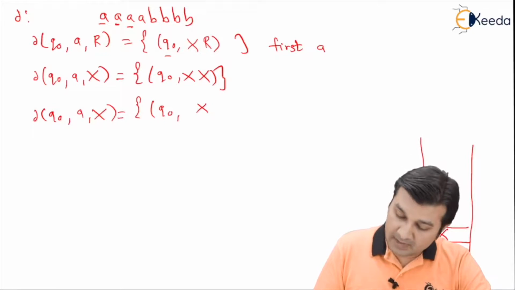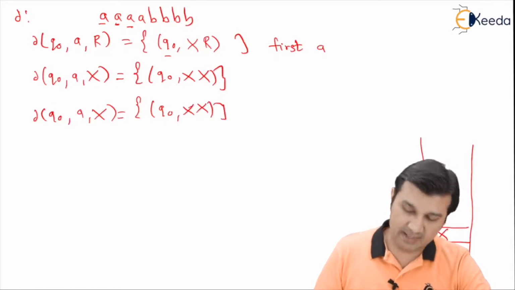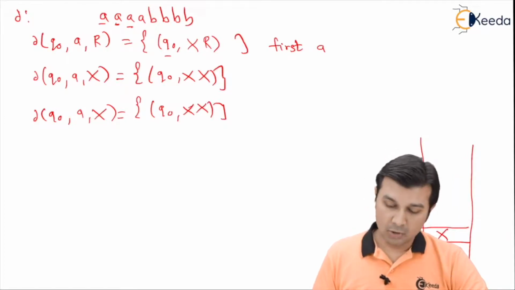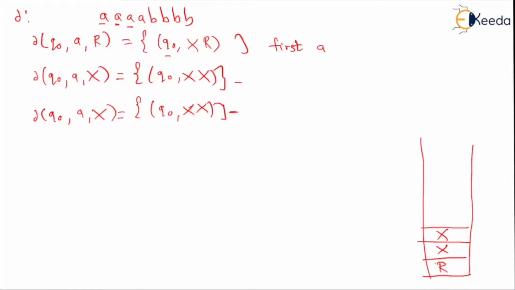What was previously on the stack is X, and I am going to push another X over here, right? So I see that this operation exactly coincides with the previous operation, and with this one X is going to be pushed onto the stack.